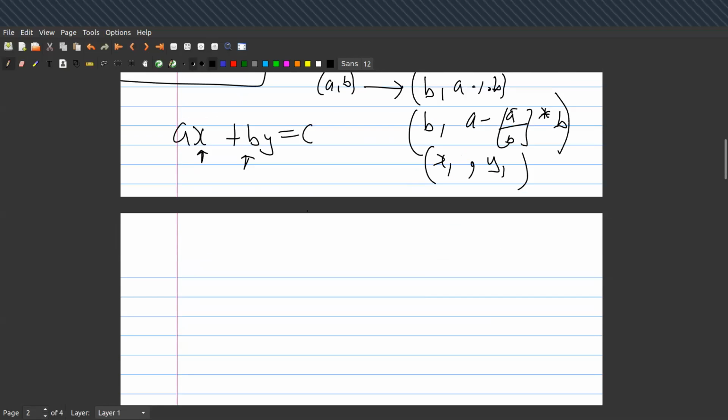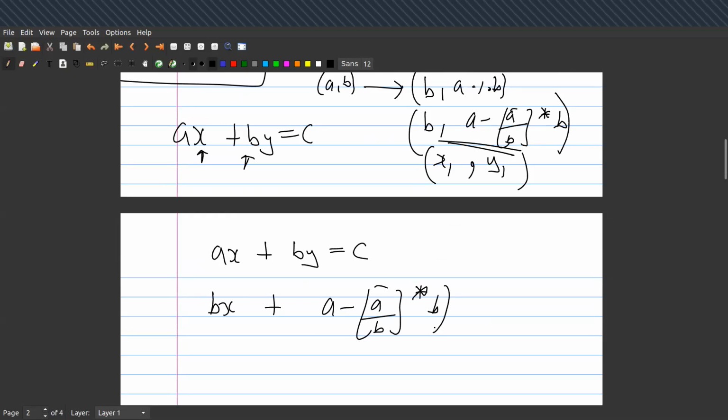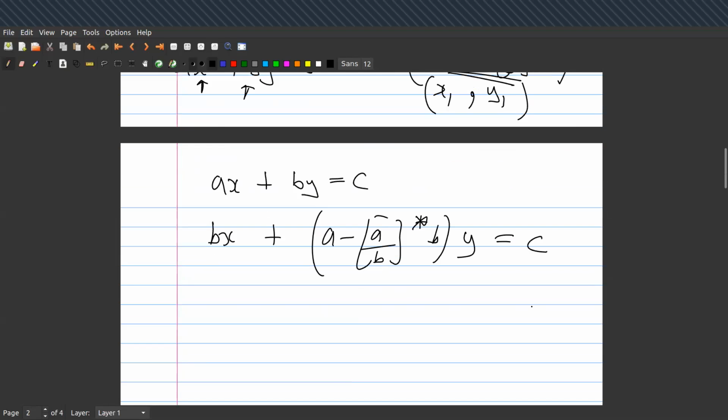By comparing the coefficients, let me write the equation again. Our equation was this, and now if we have a solution for the equation Bx1 plus (A minus A by B times B) y1 equal to C, we can get the solution for x and y by comparing.